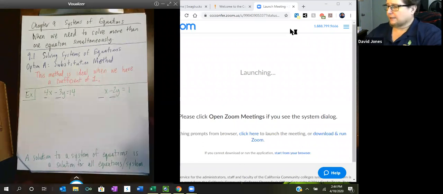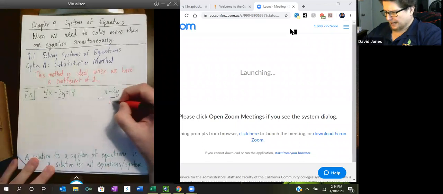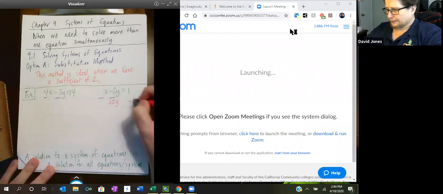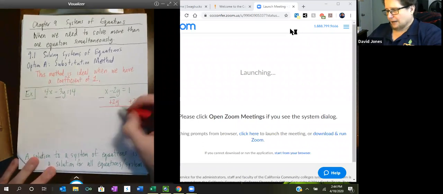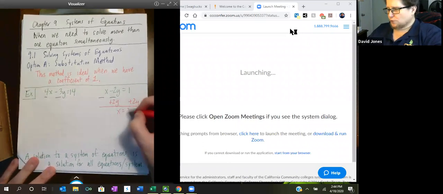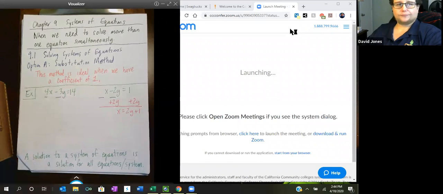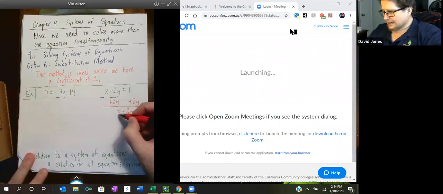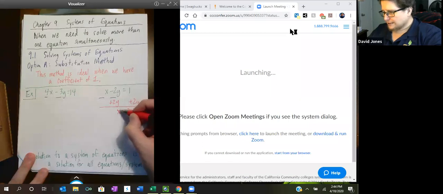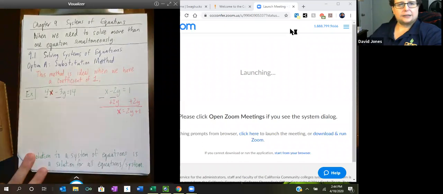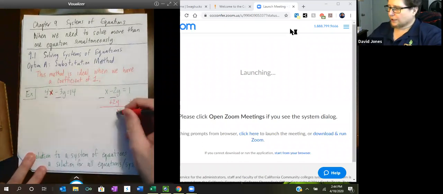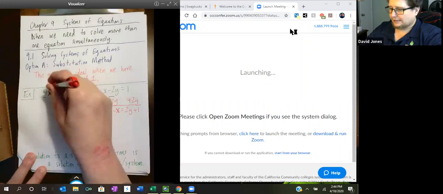We'll do the opposite of subtracting 2y, which is adding 2y. And we get x equals 2y plus 1. This x is identical to this x. Same x. So we're going to take it and we're going to plug it in.